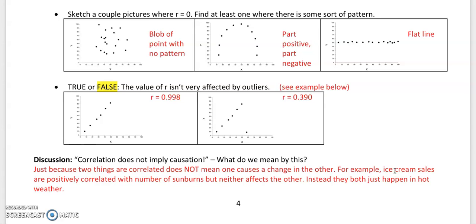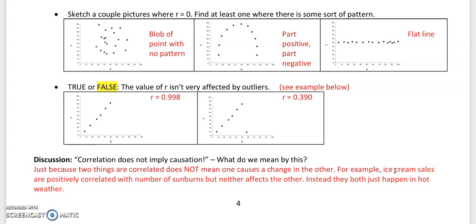So one example is if you had data on the amount of ice cream that was sold in a city and the number of sunburns, there would likely be a positive correlation between those. That doesn't mean that the city should petition for ice cream to stop being sold because people are getting sunburnt because of it. Instead, both of these things just happen in hot weather.